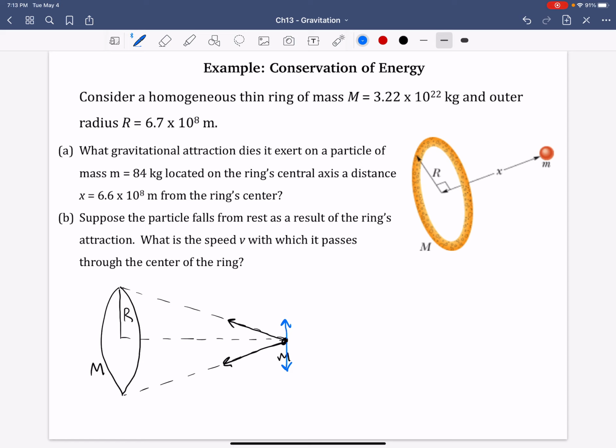Those two really are the sine components, and they will cancel out. The only components that don't cancel are the components like that, right? That point directly towards the center. So in fact, they add up. They combine to give us a net force.